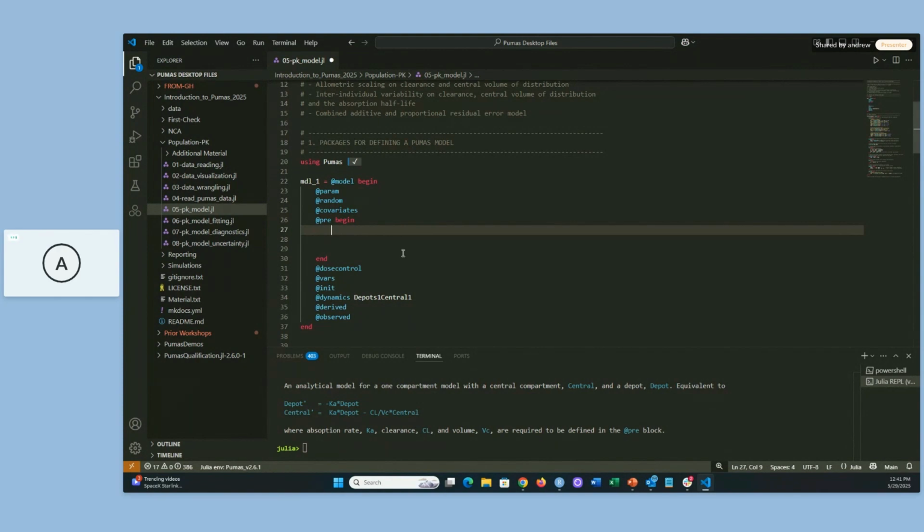So, for the purposes of whether it's the one compartment IV or this oral model, what are some of the parameters of interest that we're most interested in having to define for our model?